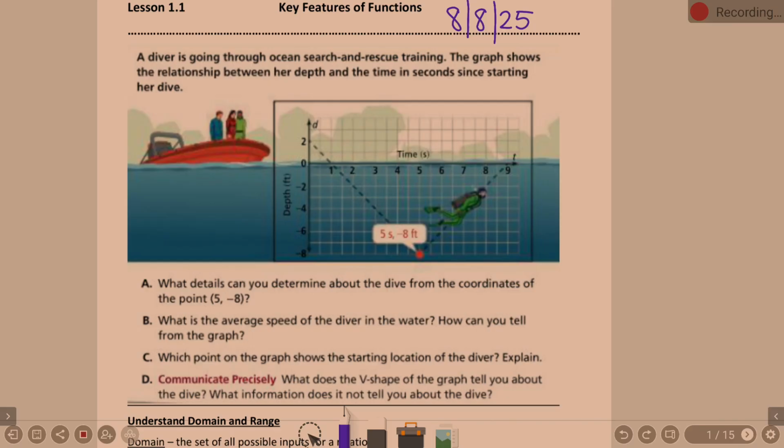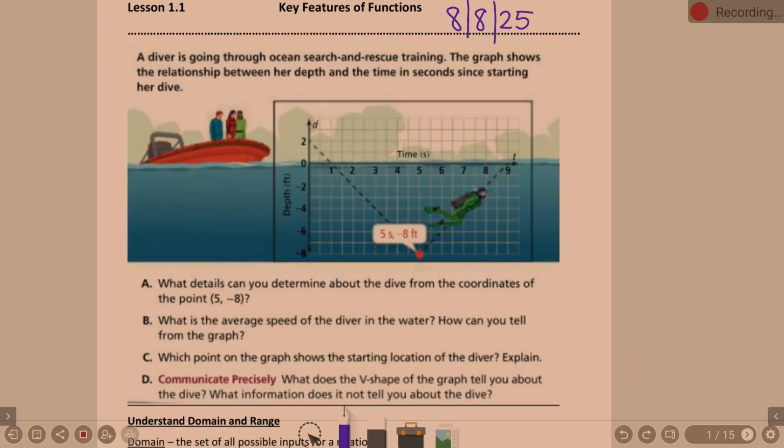But what does this point represent? How far I went down? Okay. She is what, 8 feet? Why is it -8? 8 feet below the surface of water, right? And how many seconds are we into this dive? 5 seconds, yes? Okay, so I'll go with that to get us started.